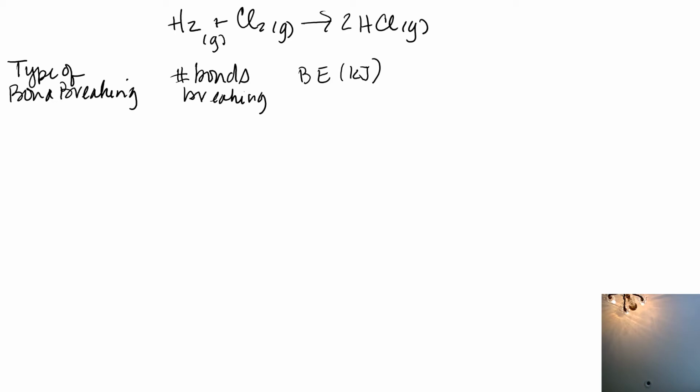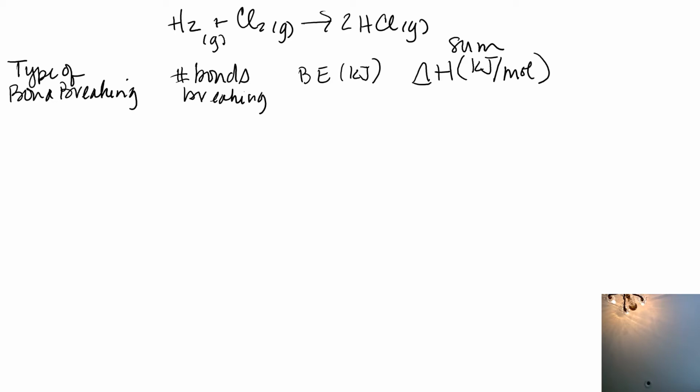And then we will get a delta H for those bonds breaking in kilojoules per mole, which is going to be the sum of the bonds breaking in the reactants.